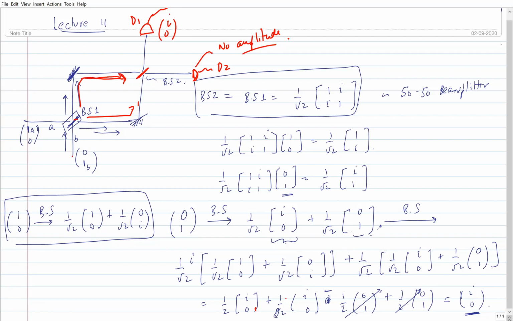So this is using the usual language of quantum mechanics, where this was your state vector and the beam splitter was the unitary evolution. Essentially, the same thing is happening in the picture of sum over paths.